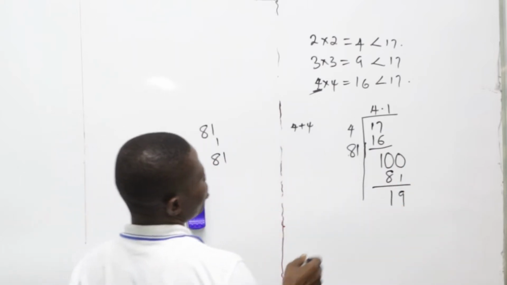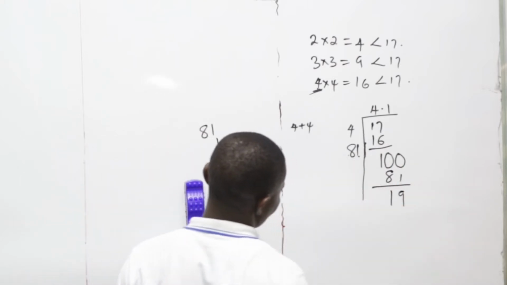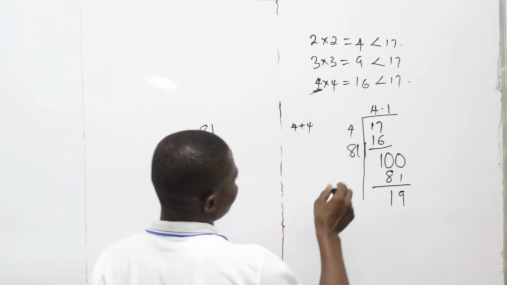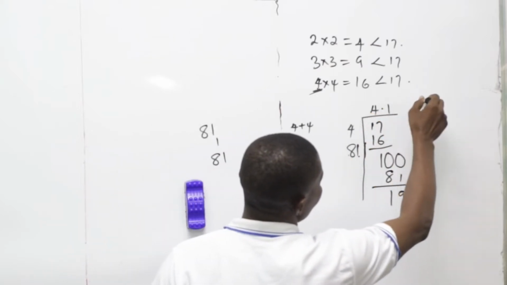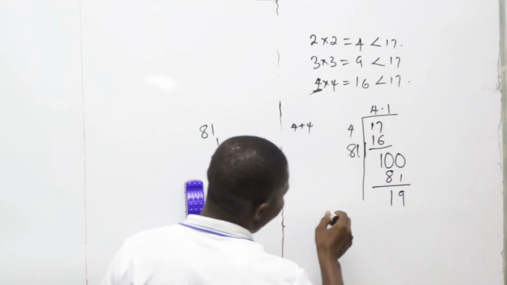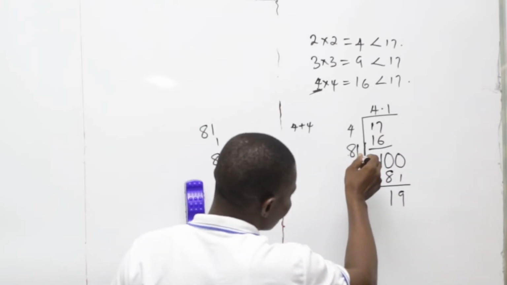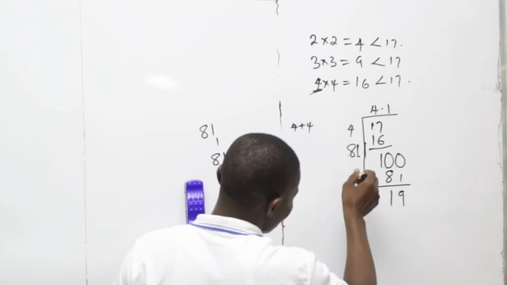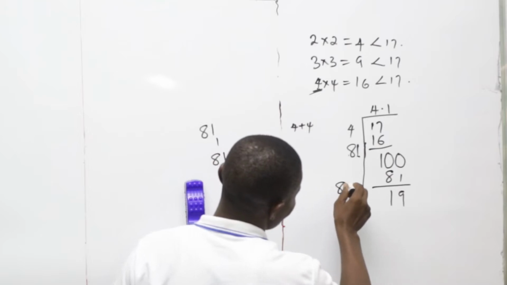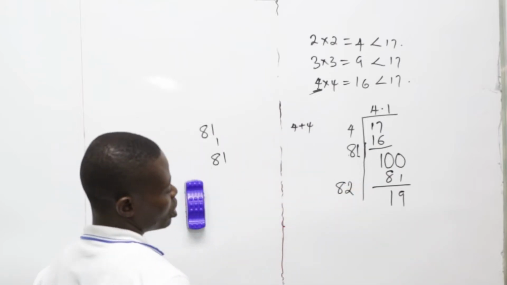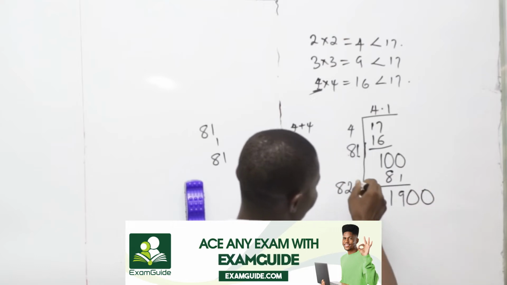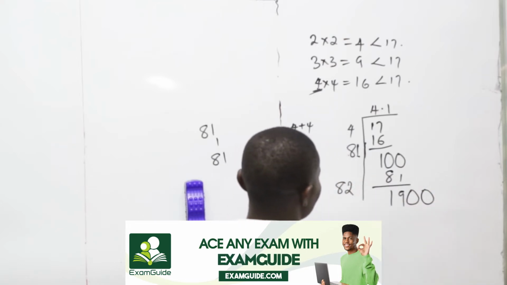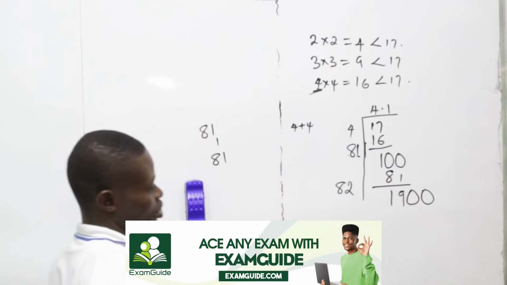19 now. You are going to double this number again, double 4.1. You either say 4.1 times 2, or you double the 1 at the back of 8 to give you 82. Of course, you increase this. Increase it again because we must add a number here by trial and error method.